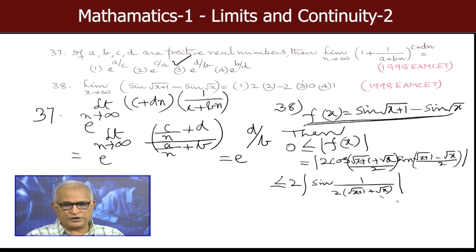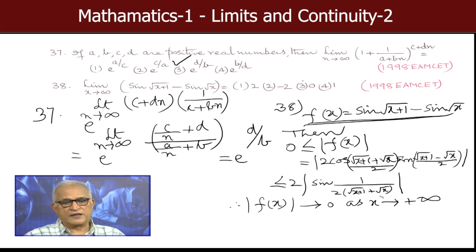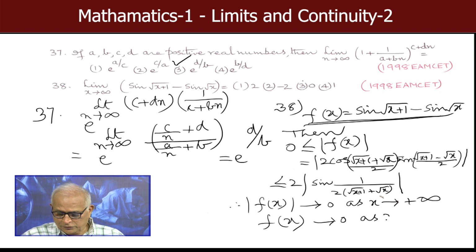So, by the sandwich theorem or squeezing principle, mod f(x) tends to 0 as x tends to plus infinity. If mod f(x) tends to 0, f(x) tends to 0, whether x tends to a point or to plus infinity or minus infinity. Therefore, f(x) tends to 0 as x tends to plus infinity.